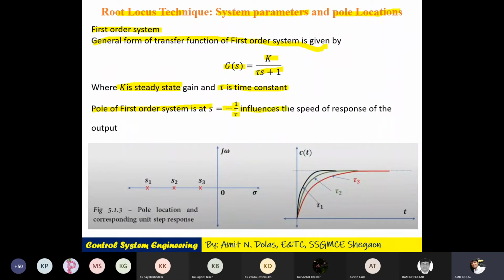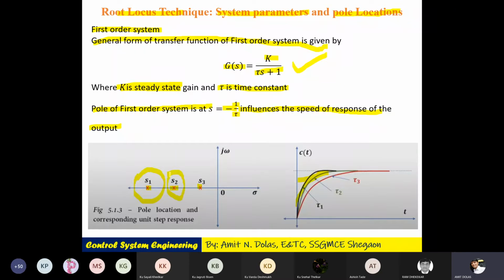So the pole influences the speed of response of the output, that you have already studied in my lecture as well as in Dekker's lecture. You can see here, this is an example, not for the above equation. There are 3 poles, S1, S2 and S3, suppose on the real axis, not complex conjugate. Tau1 will be this; you can see it is very short. So for this pole the system response is faster.